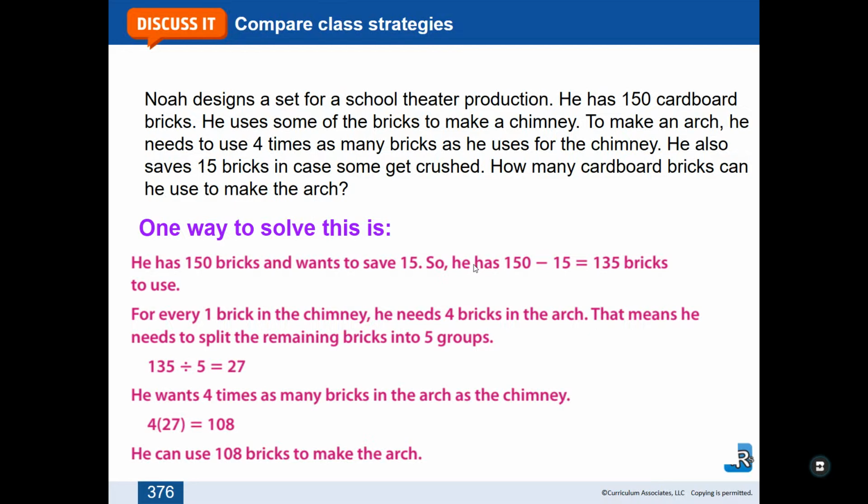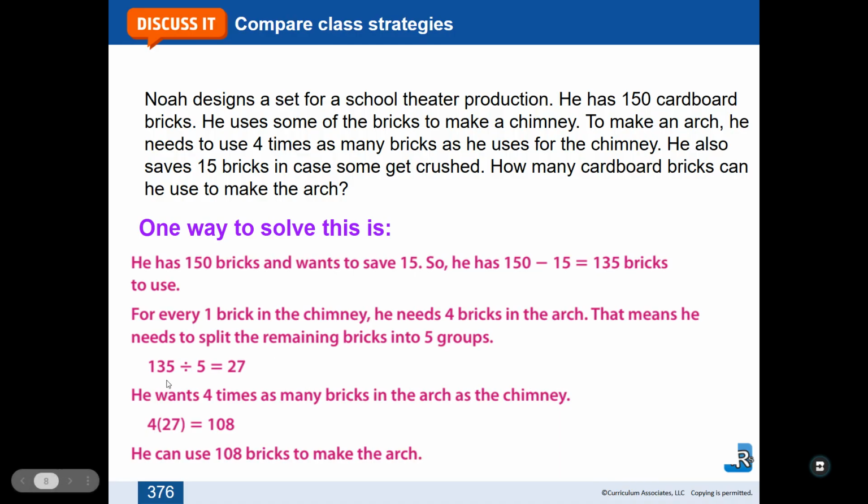So one way to solve this is reasoning arithmetically. He has 150 bricks, he's saving 15, so he subtracts 15 from that, puts them off to the side, and then for every brick in the chimney, he needs 4 bricks in the arch, which means that he technically needs 5 bricks to make both.